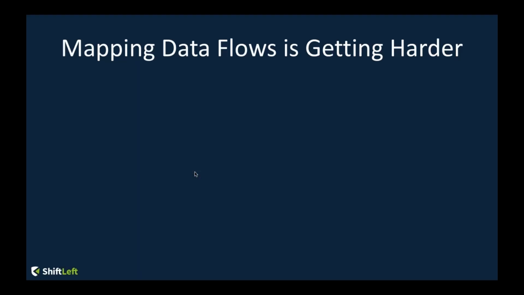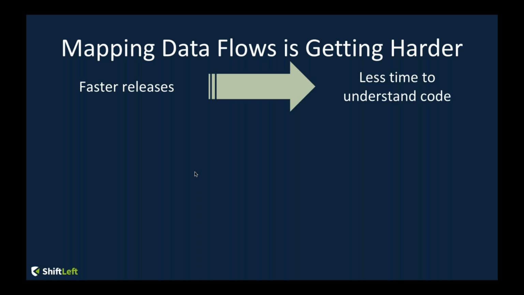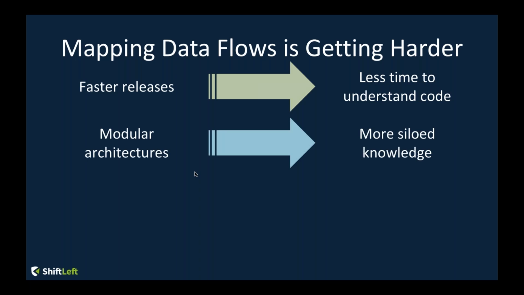The reason for this is that as regulations are getting firmer, our technology and software practices are conversely getting much more complex. Modern software development teams are releasing much more quickly, which means there's a lot less time to understand the code or how that software is using sensitive data. Architectures are getting more modular. Microservices is a very popular architectural decision that a lot of companies are making right now, and this silos the software itself, but also silos the knowledge of the human beings who know what that application is doing.